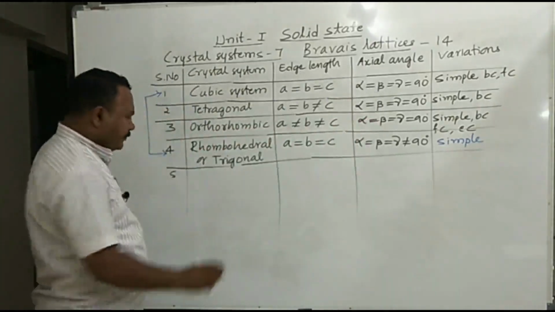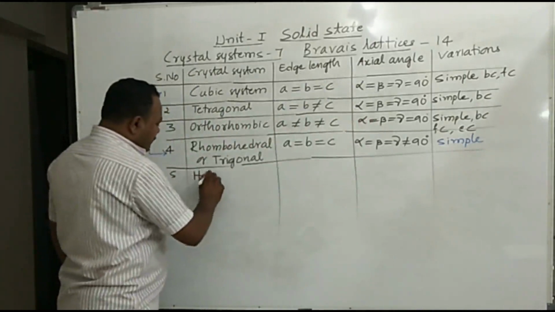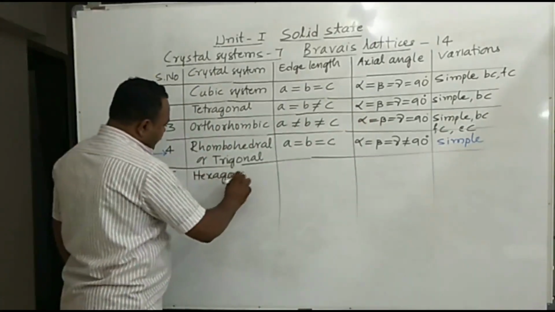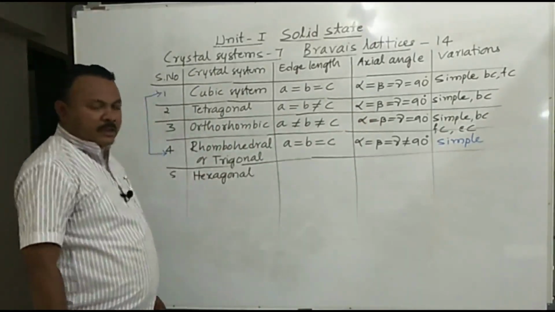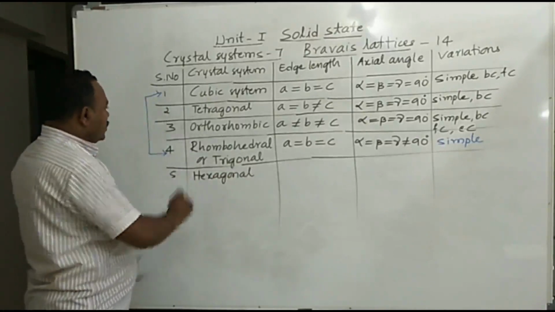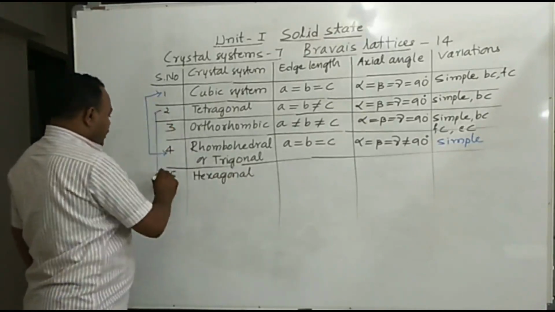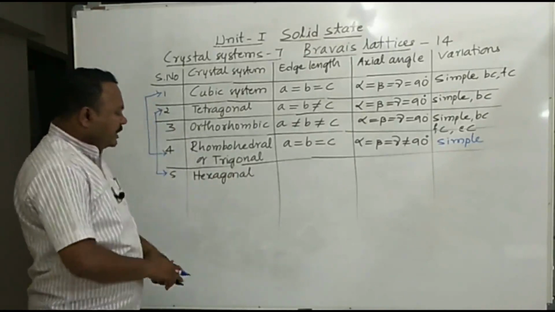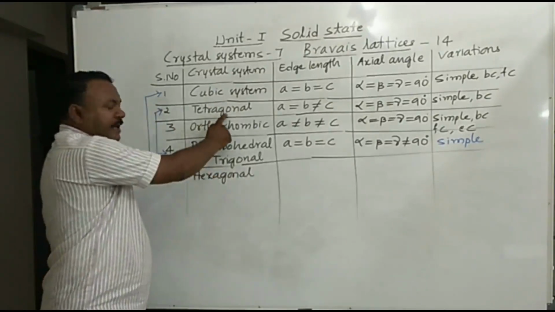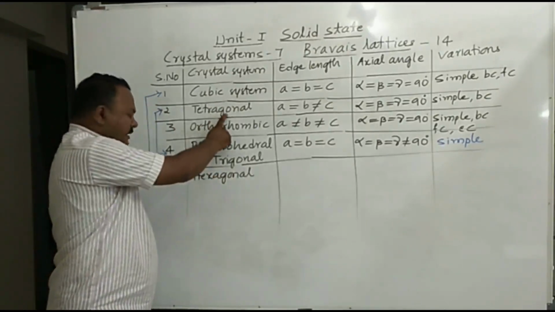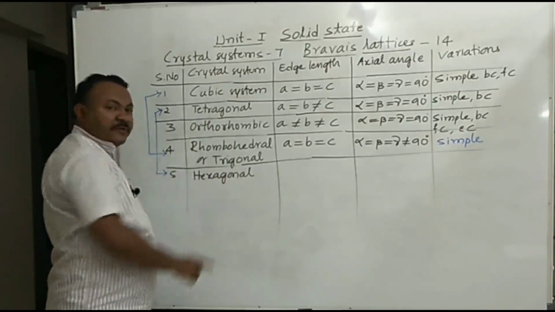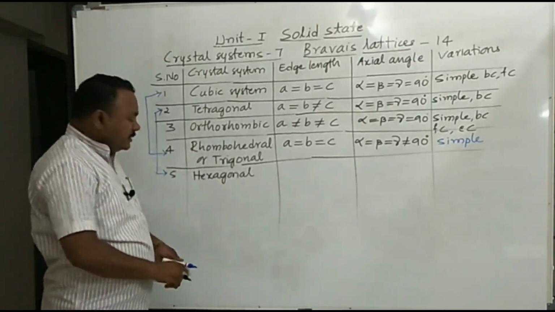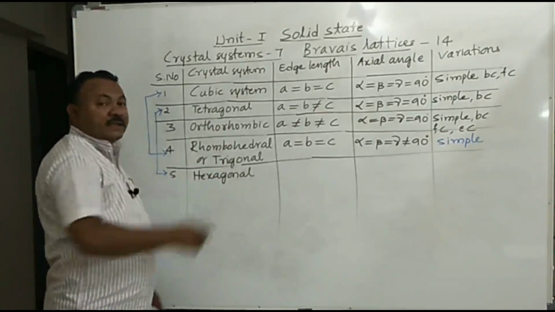Fifth one, hexagonal system. I am going to compare the hexagonal system with the tetragonal system. I am going to remember like this: tetragonal is ending with gonal, G-O-N-A-L. Hexagonal is also ending with G-O-N-A-L. In this way I am going to compare the edge length and alpha, beta, gamma.